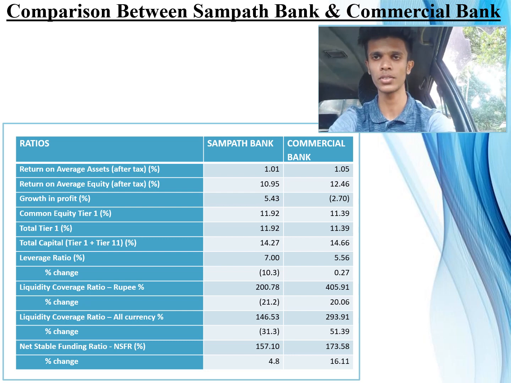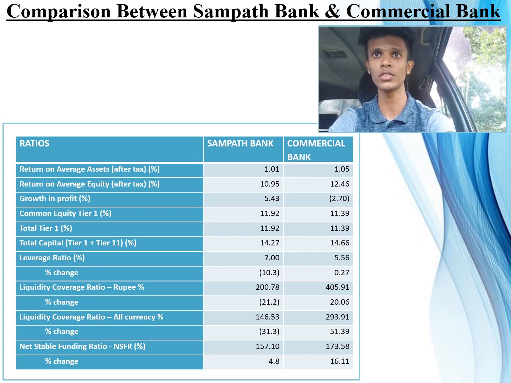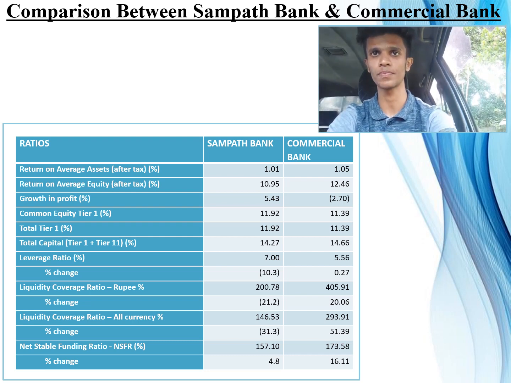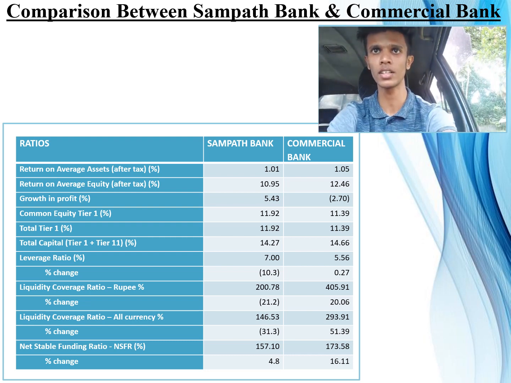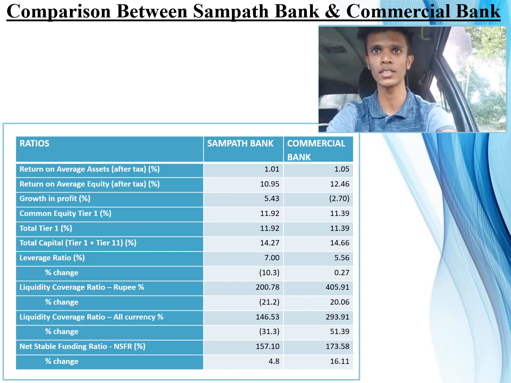Sampath Bank's total capital ratio is 14.27% and Commercial Bank's is 14.66%. The Commercial Bank has a slightly higher total capital ratio, which includes both Tier 1 and Tier 2 capital. This suggests that the Commercial Bank has a more diverse capital structure, which could enhance its risk absorption capacity.